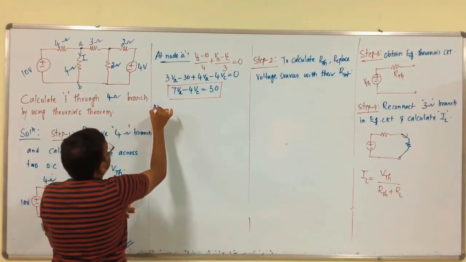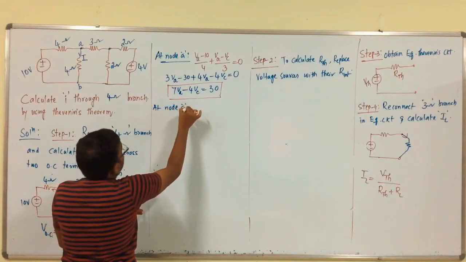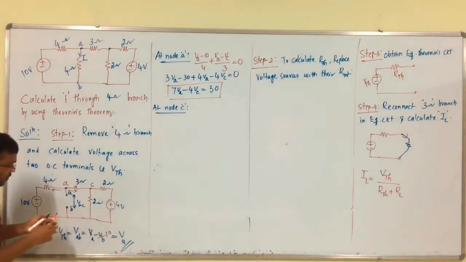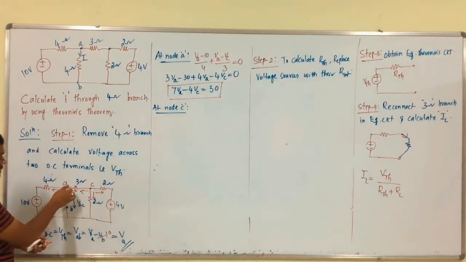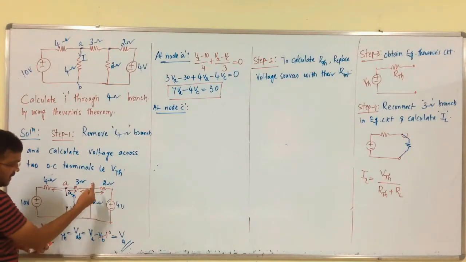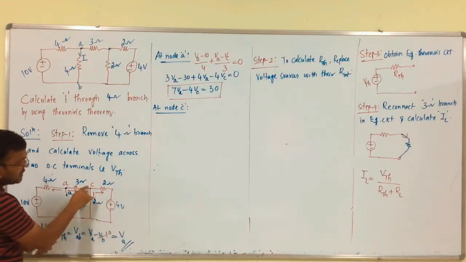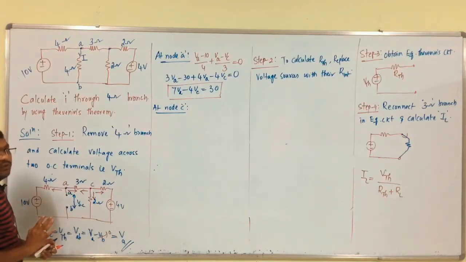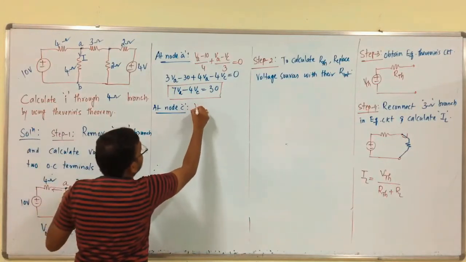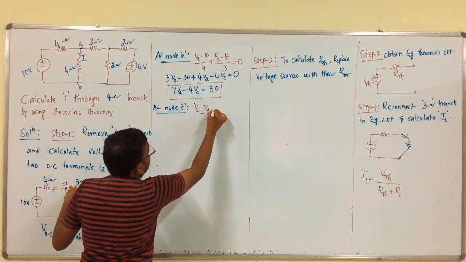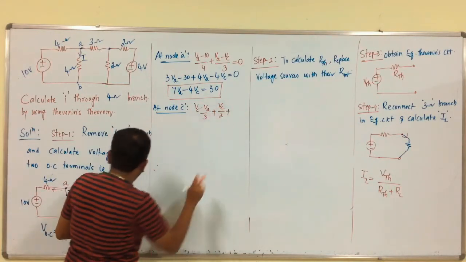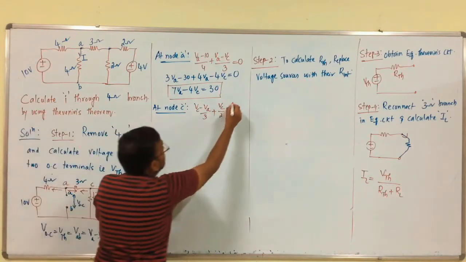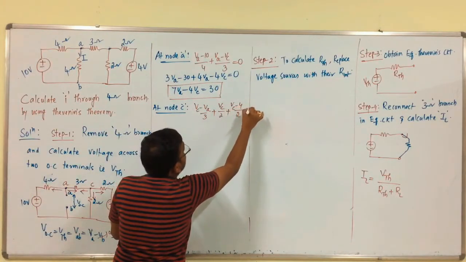Next, at node C, with all currents leaving: (VC minus VA) by 3 plus (VC minus 0) by 2 plus (VC minus 4) by 2 equals 0.